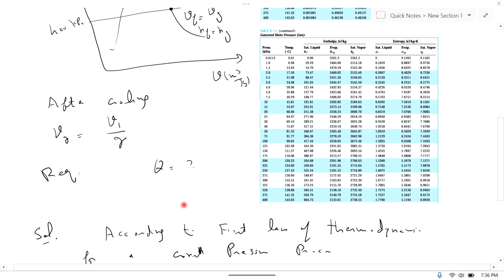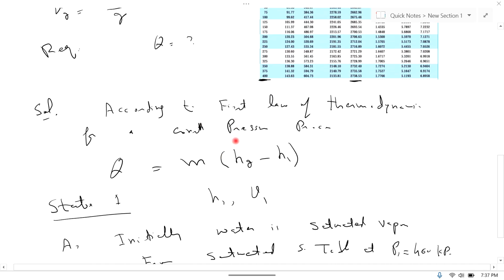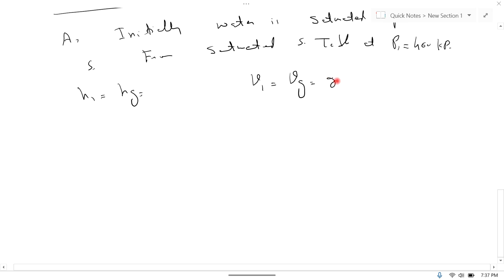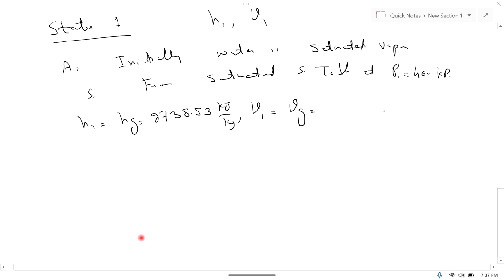This is the saturated water table, and this is the pressure column. At 400, Hg is 2738.53. H1 is equal to Hg, 2738.53 kilojoule per kg.